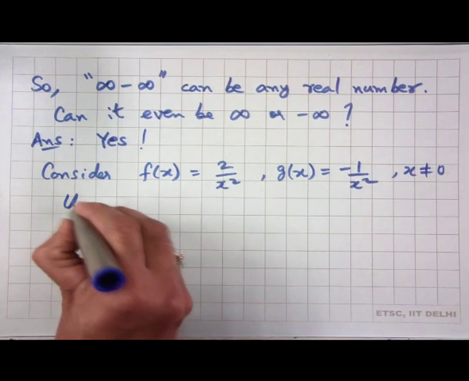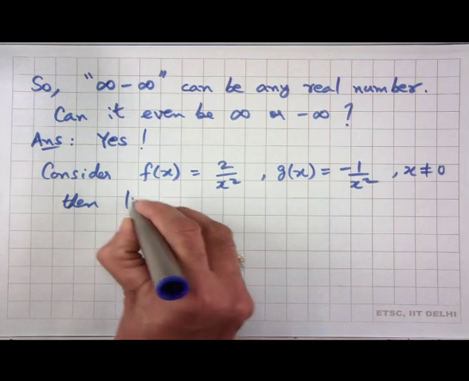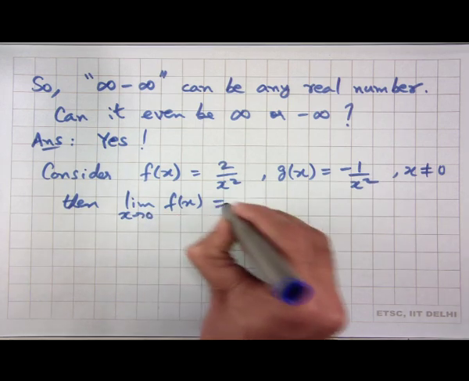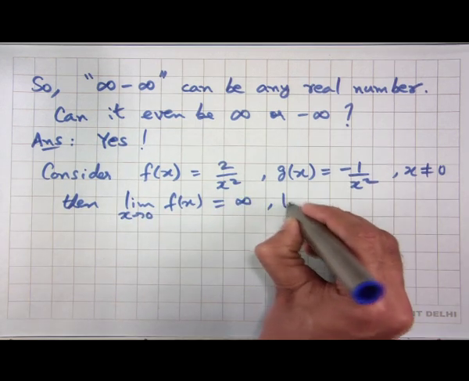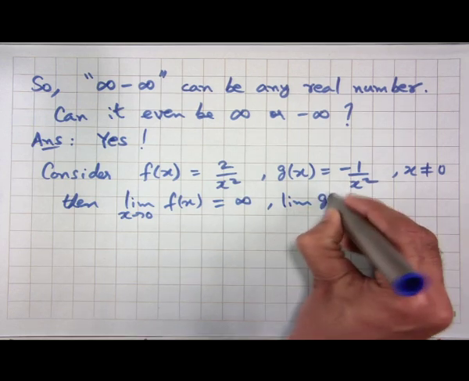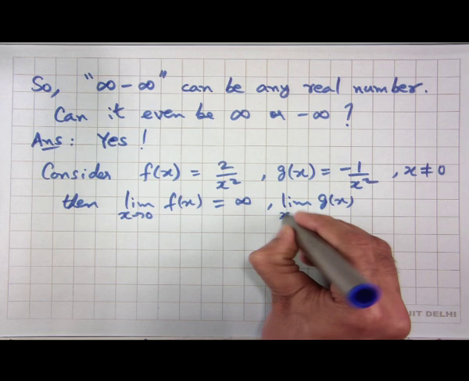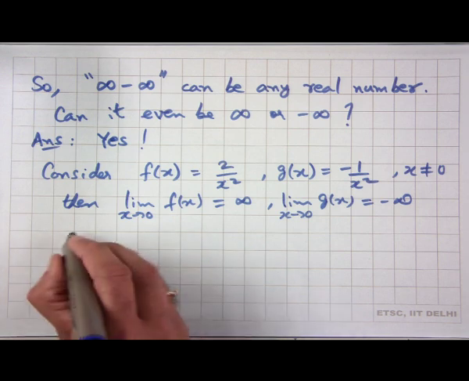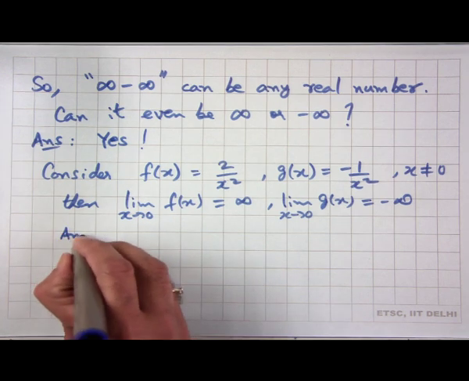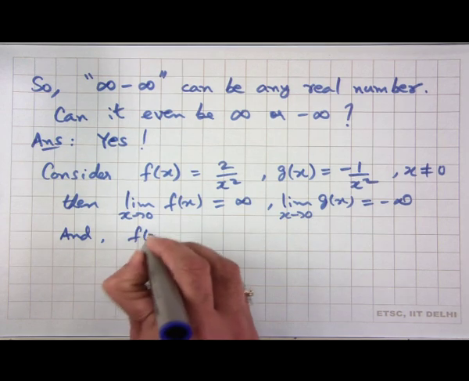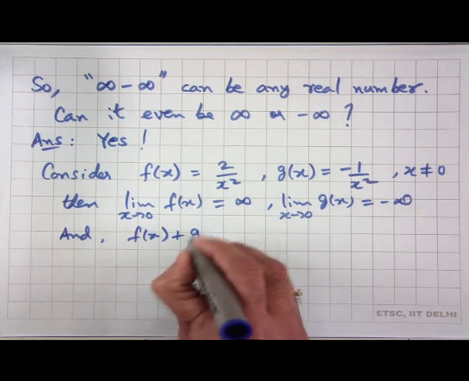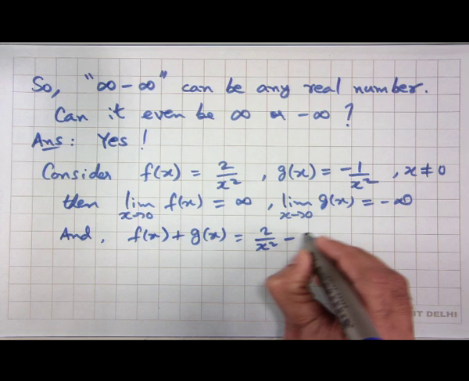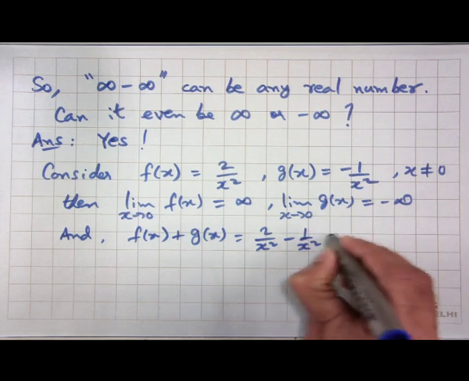then the limit of f(x) at 0 is infinity, the limit of g(x) is equal to minus infinity, and f(x) plus g(x) is 2 by x square plus minus 1 by x square, which is 1 by x square.